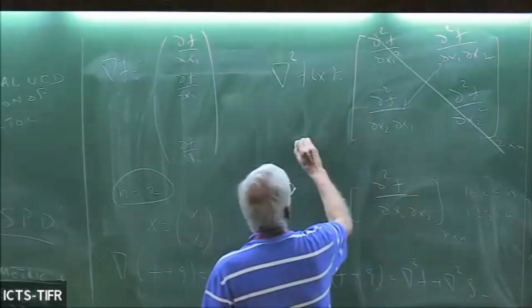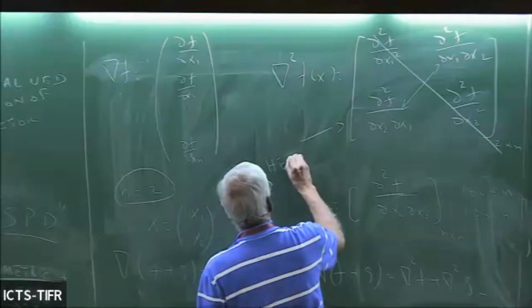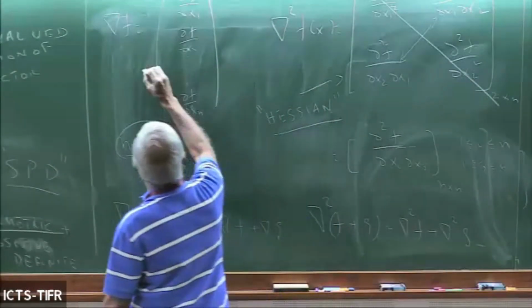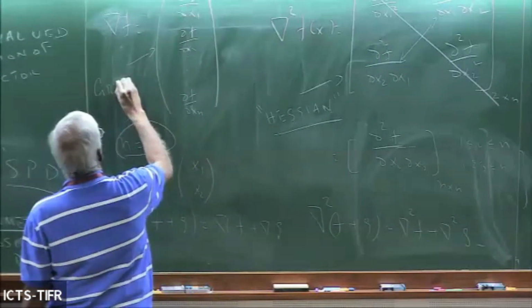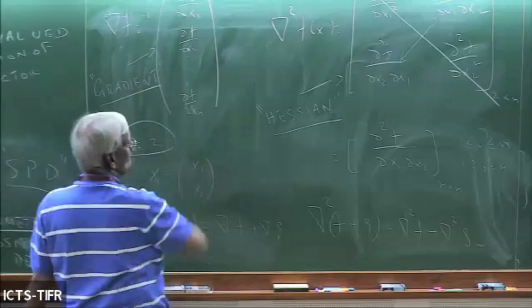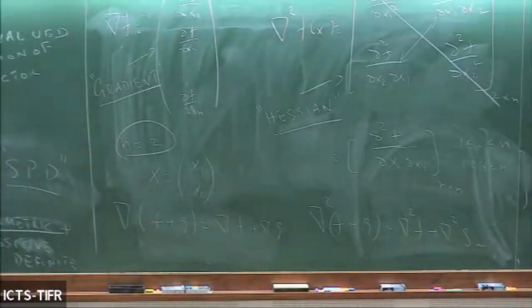and the name for this is called Hessian. This is called gradient. Gradient vector, Hessian matrix. Hessian matrix is naturally symmetric.